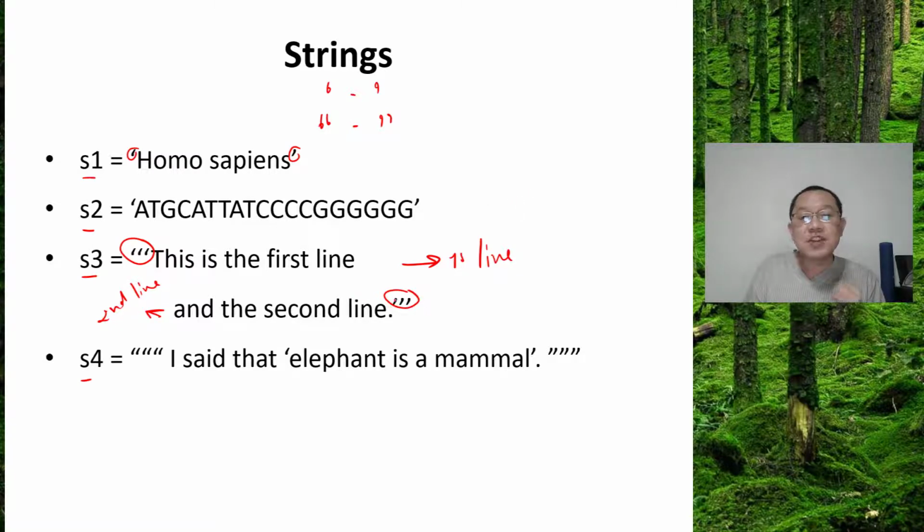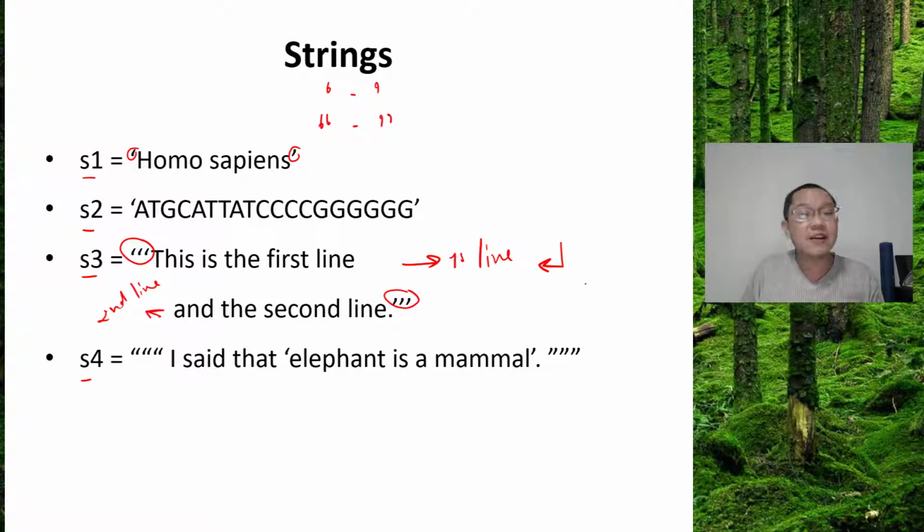There is a special character we call a line separator or a white space separator. In this case, it is a new line character.